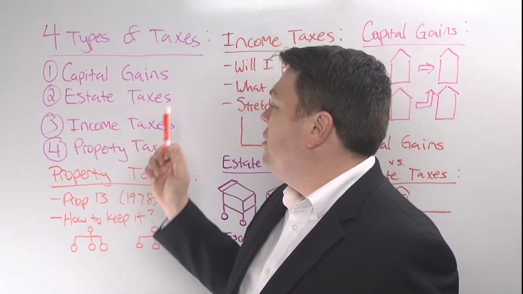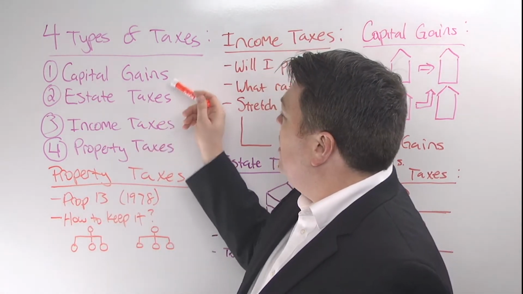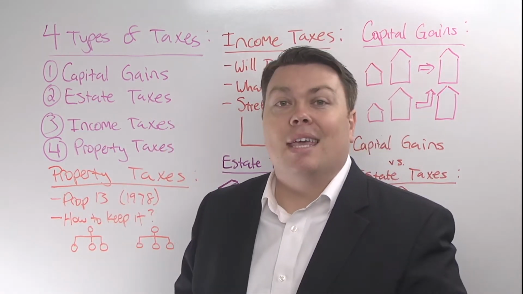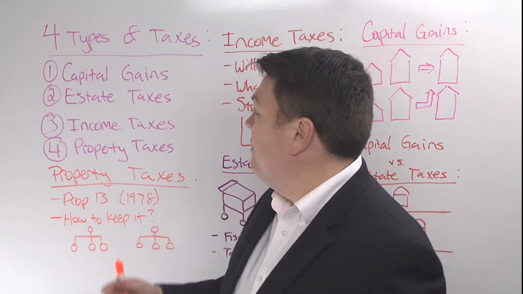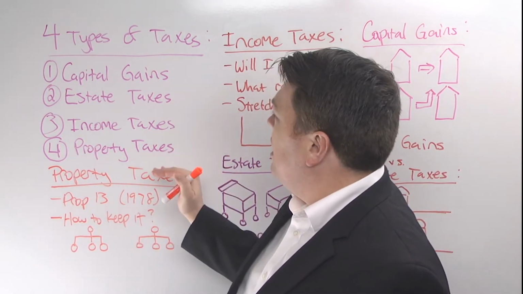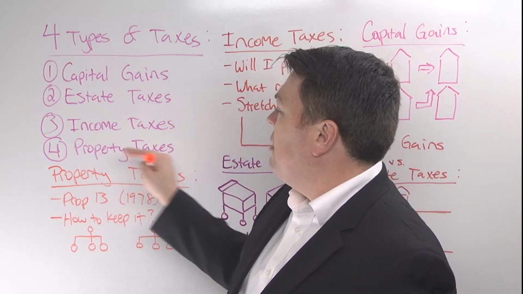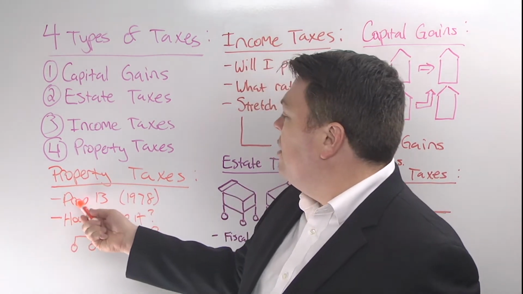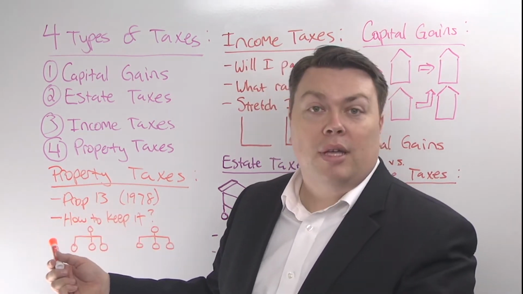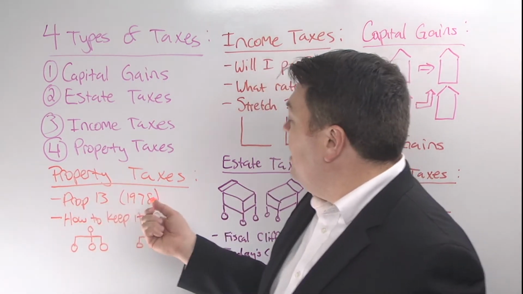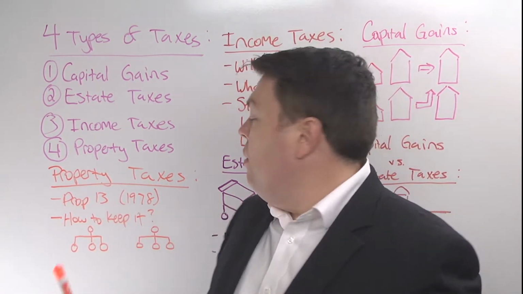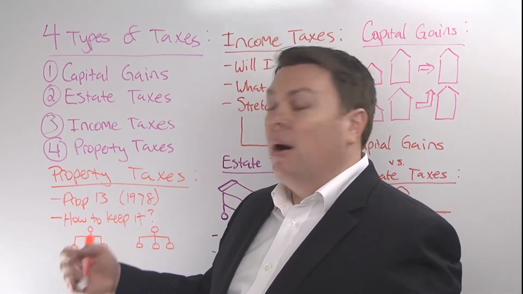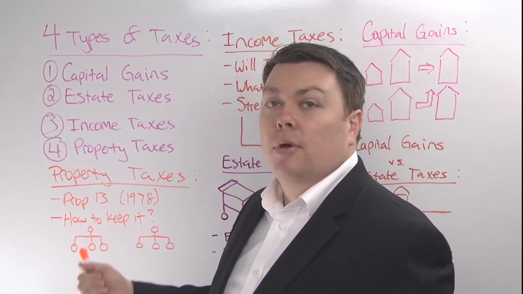I put them in this order because this is the order of importance and how much they can really affect your estate. So first we're going to be talking about property taxes. That's only important in California, as far as I know. In 1978, we got together as a voting party and we voted in Prop 13.